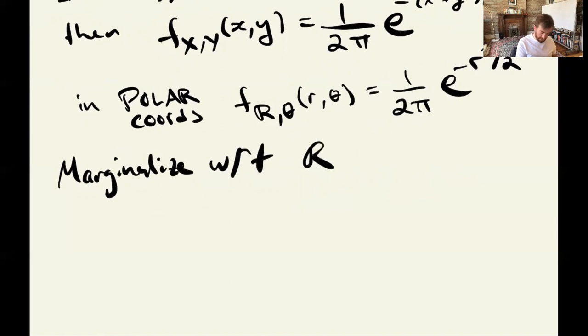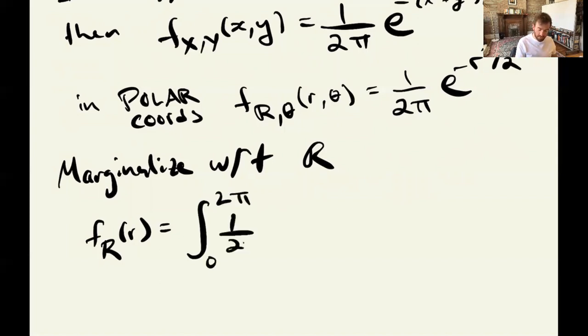So what does that mean? That means I need to compute f of r, little r. That's going to be the integral with respect to theta of this expression, r dr d theta.